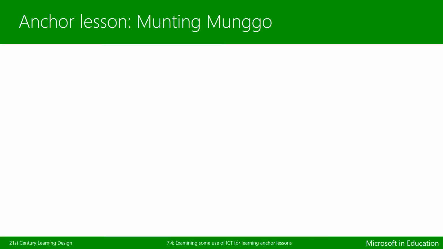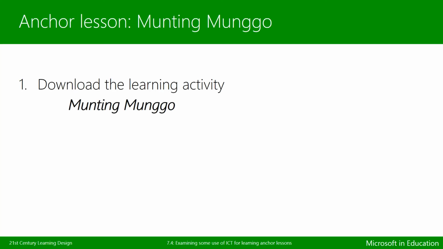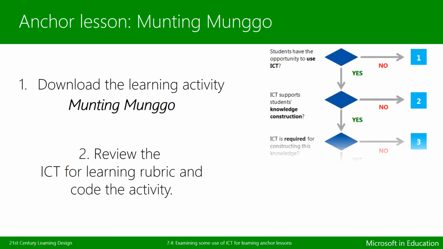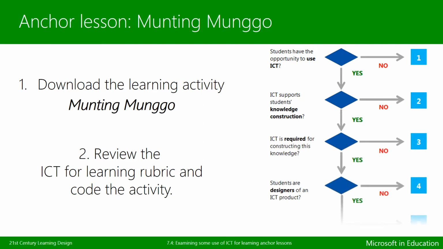To begin, please download the learning activity entitled Munting Mungo. When you have done this, carefully read it and make notes of your observations about what evidence there is that the students are engaged in ICT use for learning. Then, based on your observations, make a decision about the level of ICT use that you find in this learning activity.